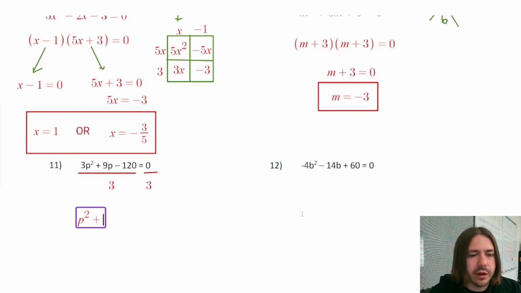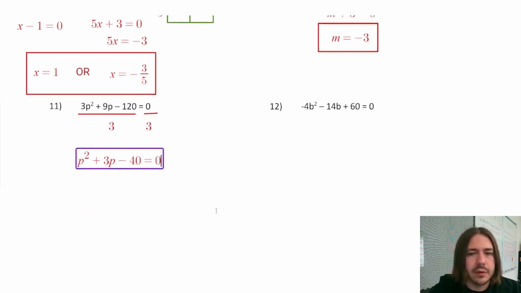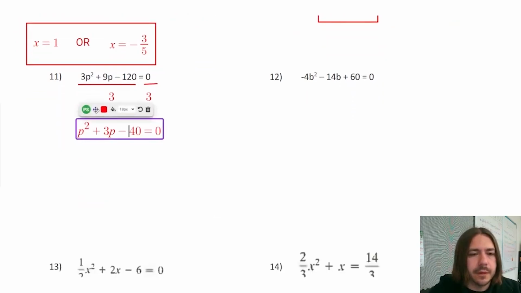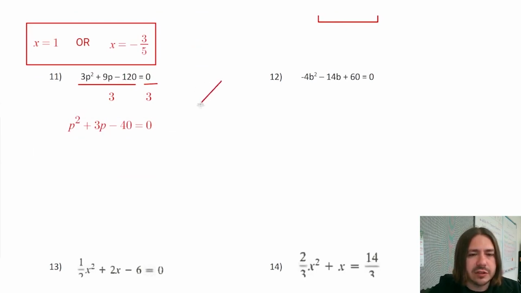We have p squared plus 9p, I'm sorry, 3p. And then let's see, 120 divided by 3 is going to be negative 40. Ready? There we go. Now we've manipulated this so that it is just a leading coefficient of 1 type of factoring. So we can take our little shortcut here.